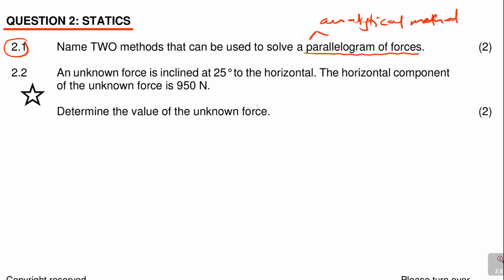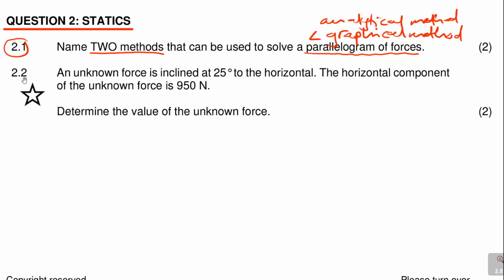And then sometimes if you want to use the second method without calculating, what can you use? Graphical method. You can find the resultant by graphical methods. So there is the analytical method and the graphical method. These are the two methods that you can use when you're solving the parallelogram of forces.